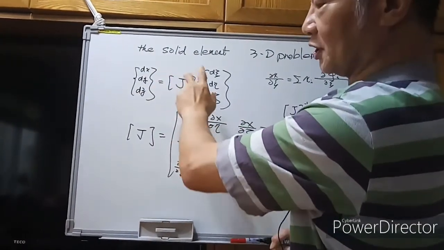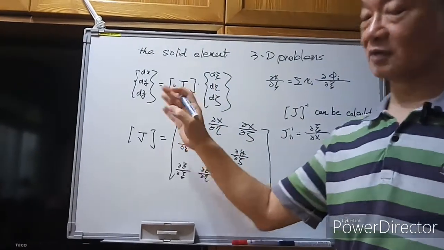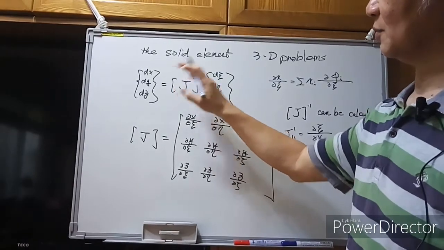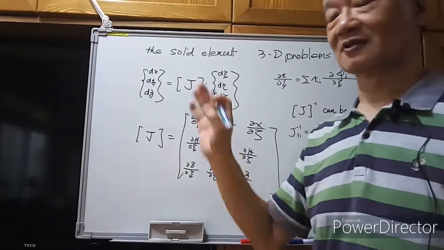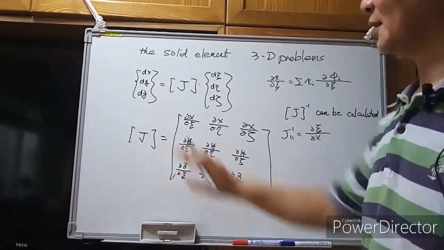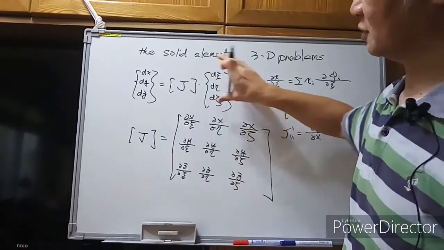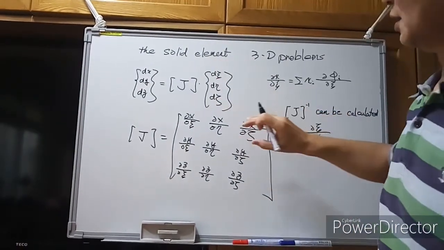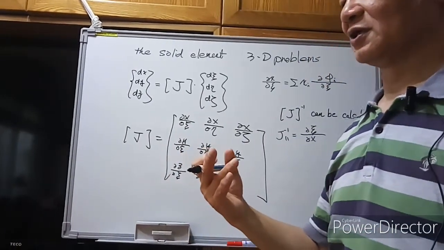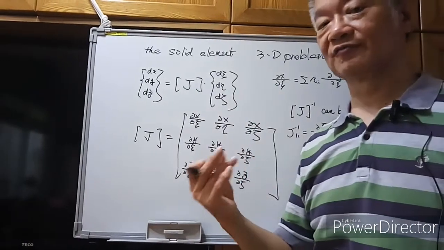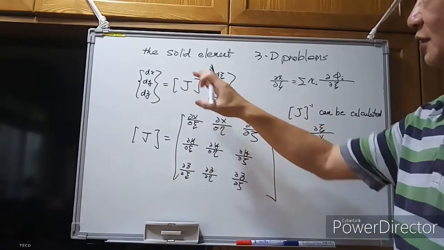J inverse times J is a unit matrix, and the unit matrix can be neglected, since the unit matrix times d xi, d eta, and d zeta is still the same vector. So you can say J inverse multiplied by this vector is equal to this vector. Then you just follow the mathematics or the theorem learned from calculus.